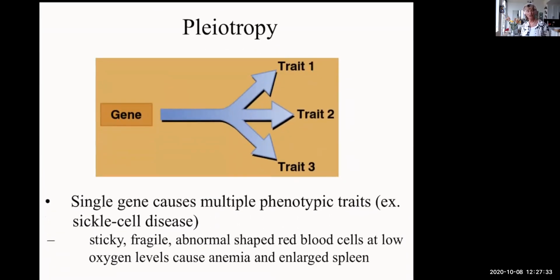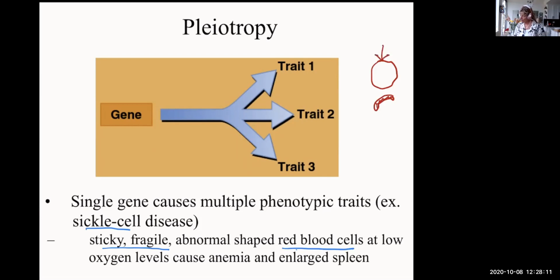Pleiotropy is a situation where one gene gives rise to many different traits. Sickle cell anemia is one of those. It's only one gene. There's only one difference in amino acids in hemoglobin that leads to sickle cell anemia. But what occurs is that the red blood cells become very sticky and fragile because, instead of having nice round red ones, you have sickle-shaped squished ones.